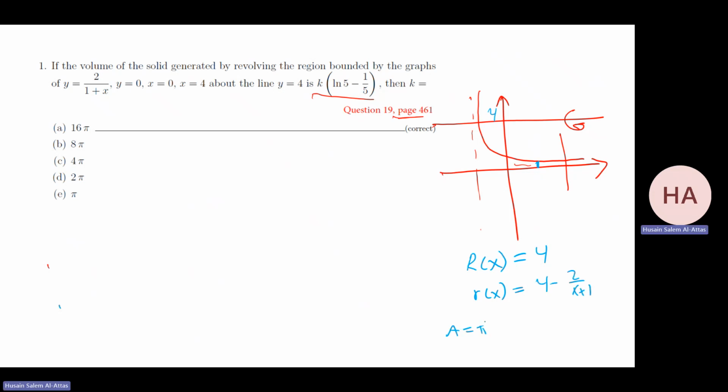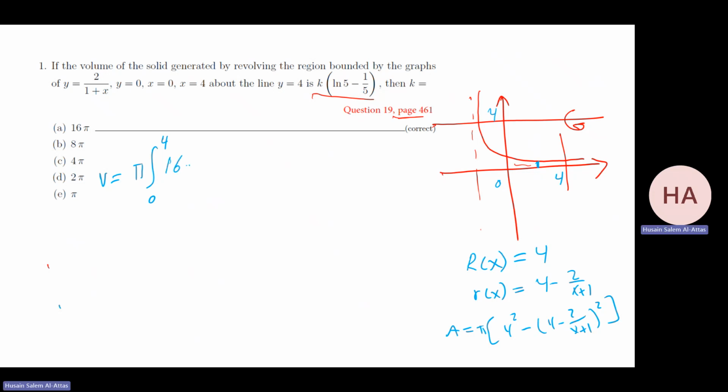And the area will be 4 squared minus the function, 4 minus the function squared. And from where to where? That is from 0 to 4. Think about this. So the volume will be the integral from 0 to 4 of this, which is what?